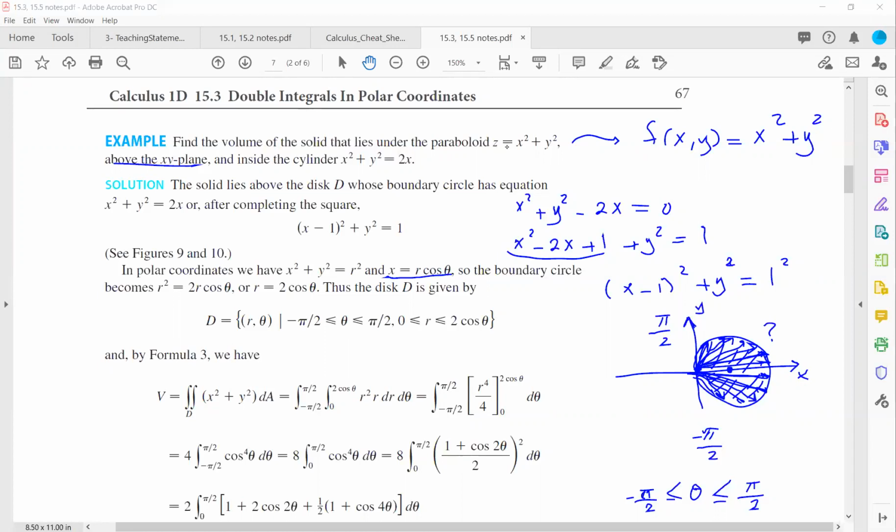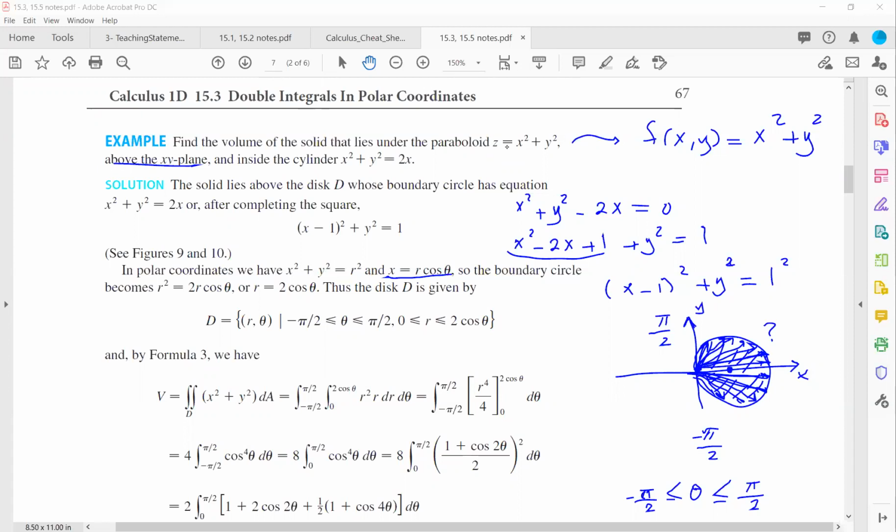So you know that you have x squared plus y squared equals r squared. x is r cosine theta, y is r sine theta. So your r squared is equal to 2r cosine theta.